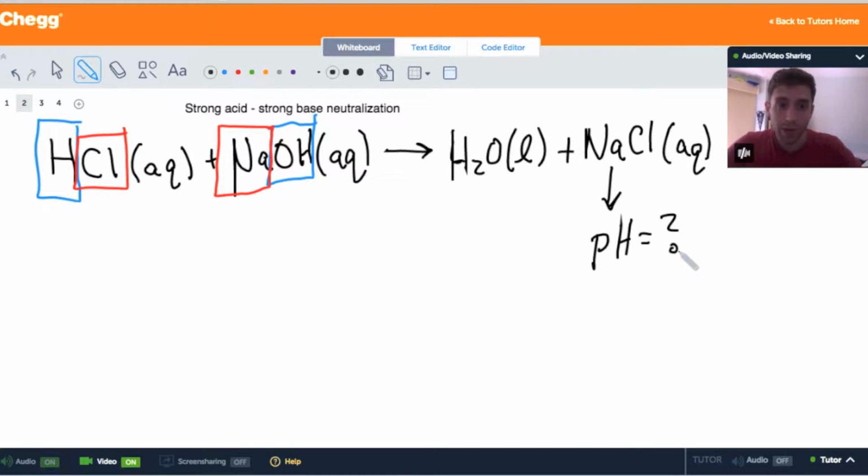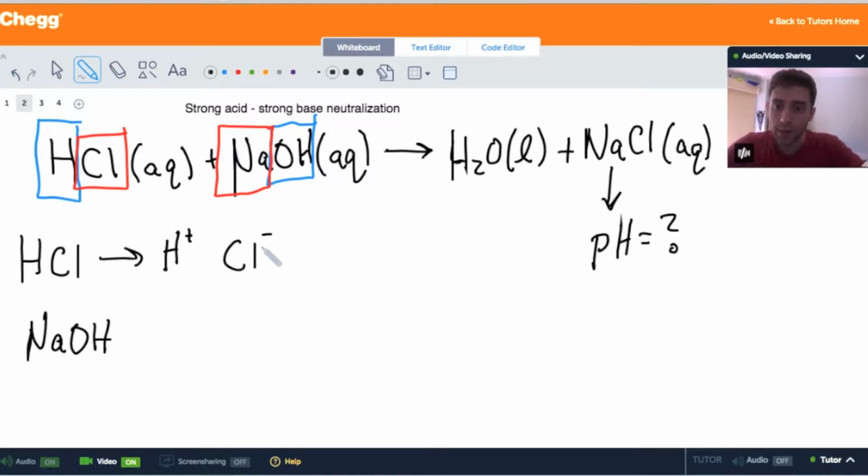But the reasoning behind this is that if we look at the breakdown of a strong acid and a strong base, this goes to H+ and Cl-, and this is a completely irreversible dissociation. That's what makes it a strong acid. And same with sodium hydroxide, which makes it a strong base. It completely dissociates.